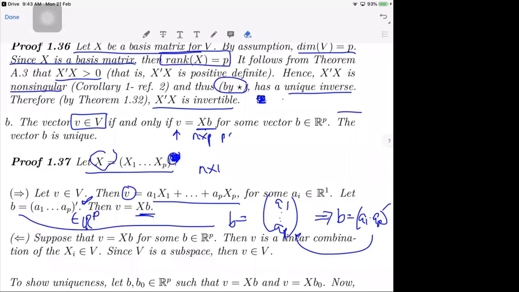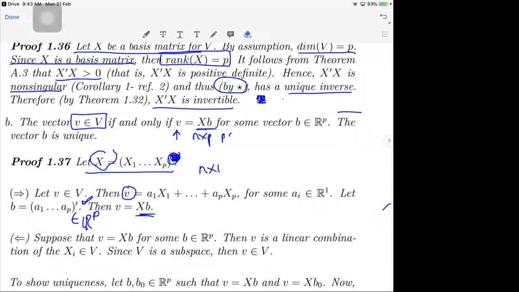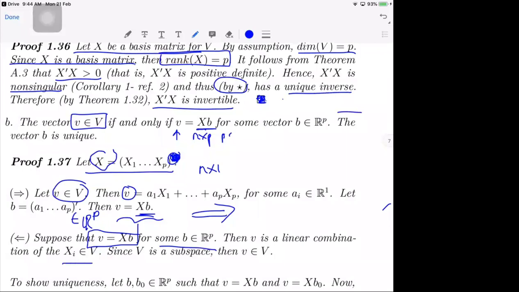So we have shown, we show the other way around for some B in X in RP. Then B is a linear combination of the X's in V because of this.